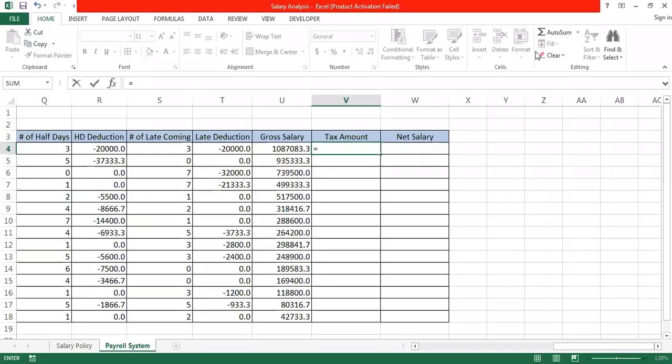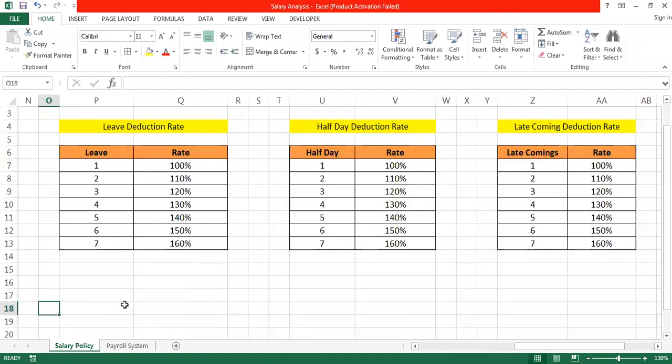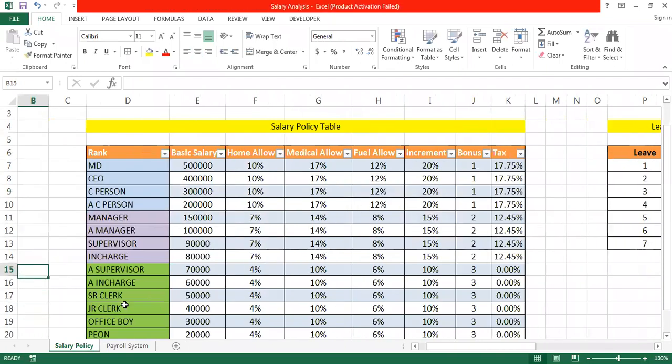We will see where we have the tax rates in the salary policy table. In the salary policy table, on the basis of rank, we will fetch the tax rates. The tax rate is available with reference to the reference column 1, 2, 3, 4, 5, 6, 7, 8.